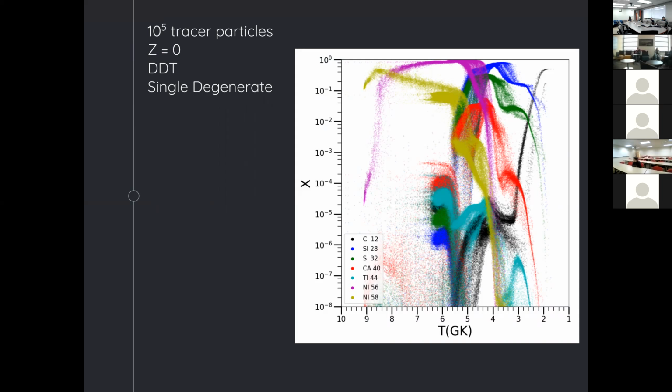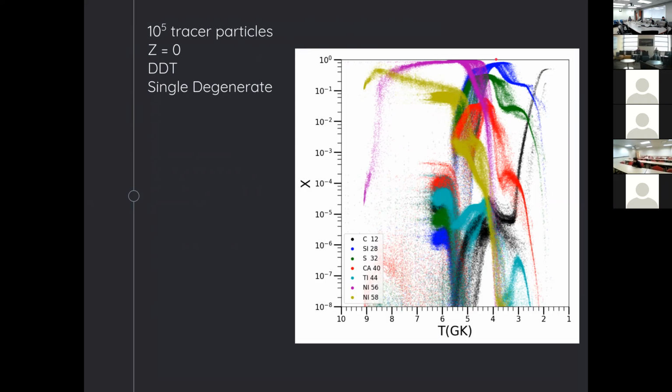And you can see that, so let's point out some features here. This dip here in the carbon-12 shows that this is the explosive carbon burning region. It's not immediately clear from this plot whether or not there is a particular region in the supernova that undergoes explosive carbon burning, but it can be said that in this plot, for these particles, they undergo conditions that are equivalent to explosive carbon burning in a different scenario.